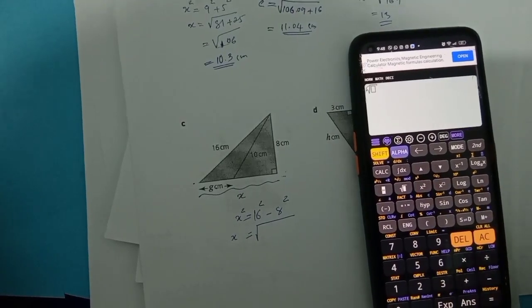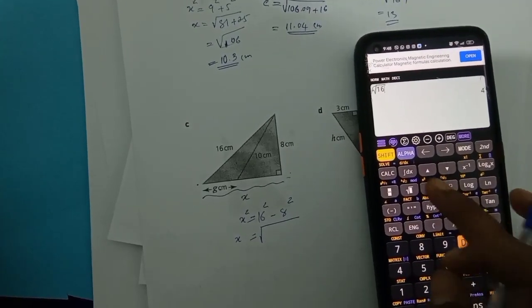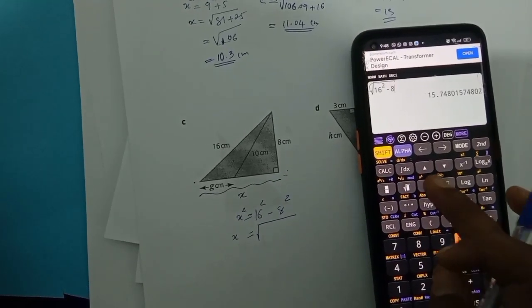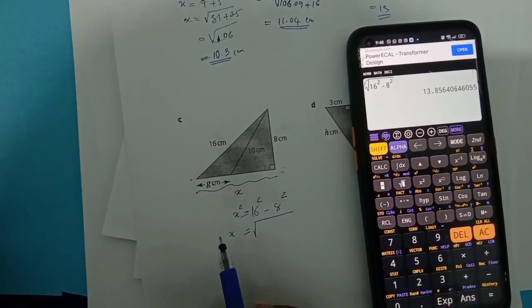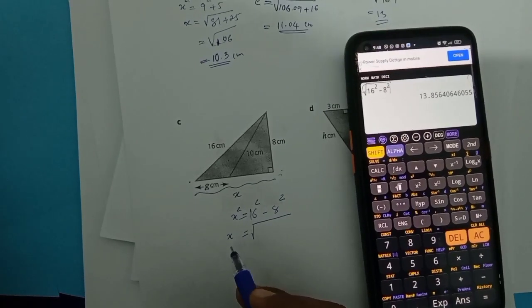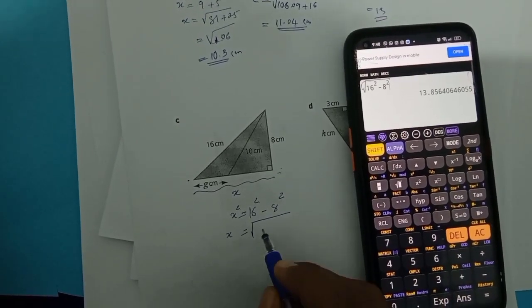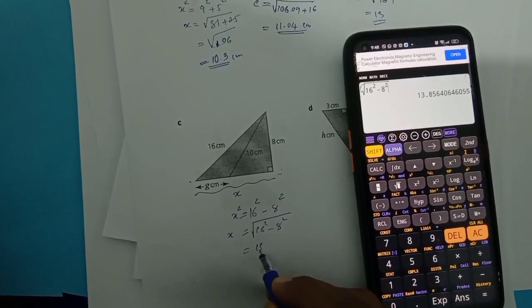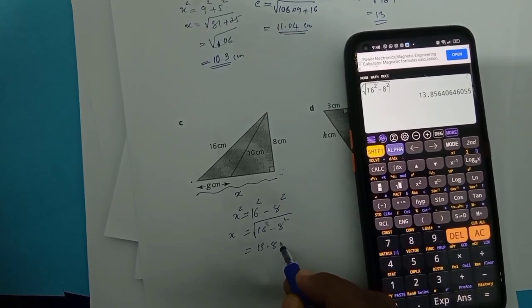root of 16 square minus 8 square. Okay, the value of that is 13.85.